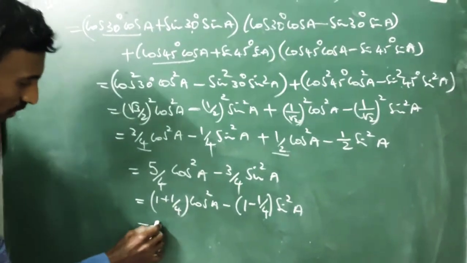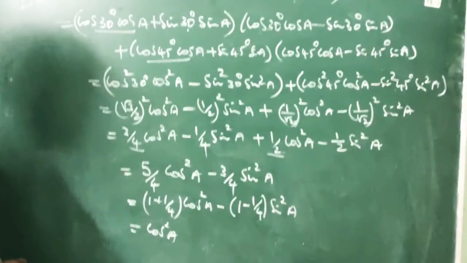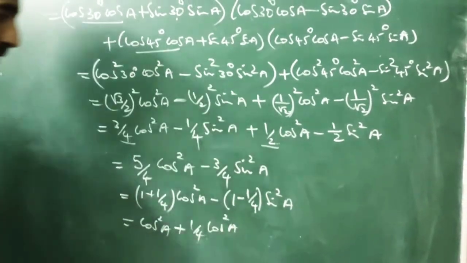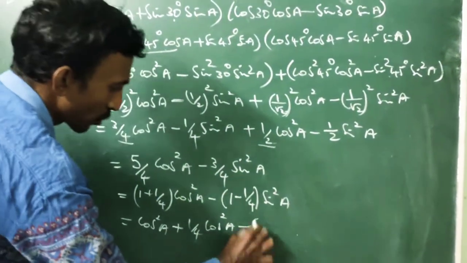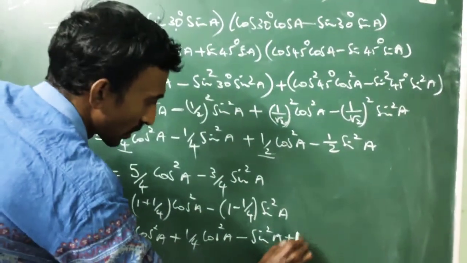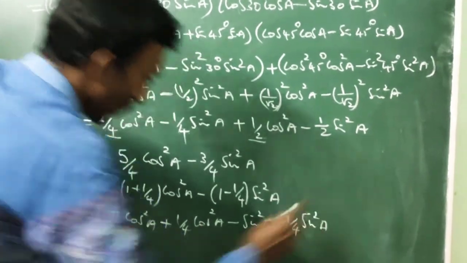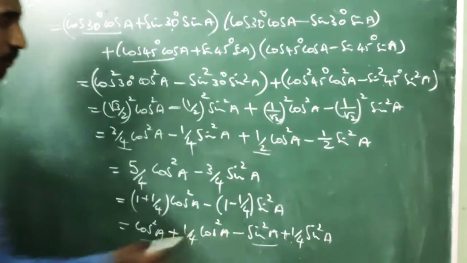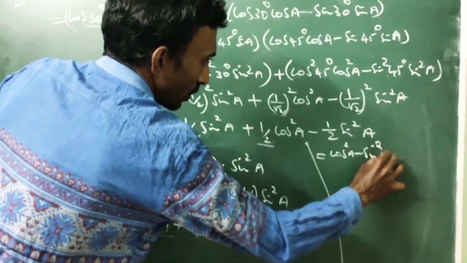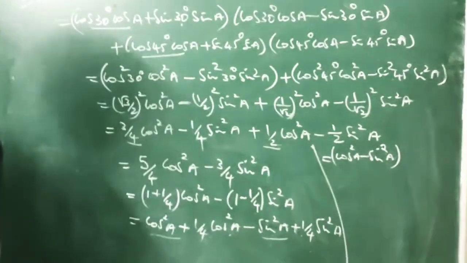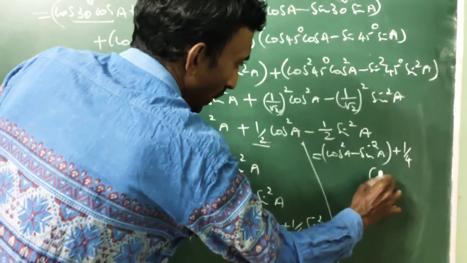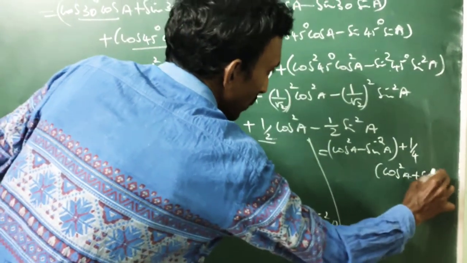Now multiply. So cos square A plus 1 by 4 cos square A, then minus sin square A, and minus into minus, plus 1 by 4 sin square A. Now combine these two terms: cos square A minus sin square A. Combine the remaining two terms, taking 1 by 4 in common: 1 by 4 into (cos square A plus sin square A).